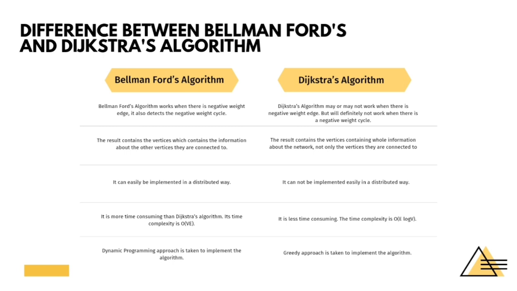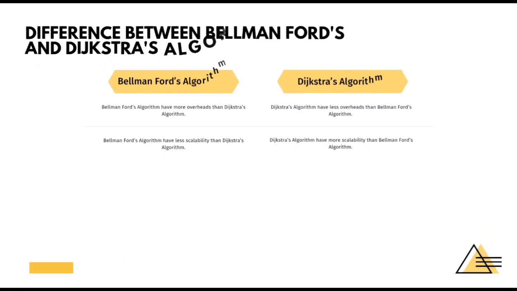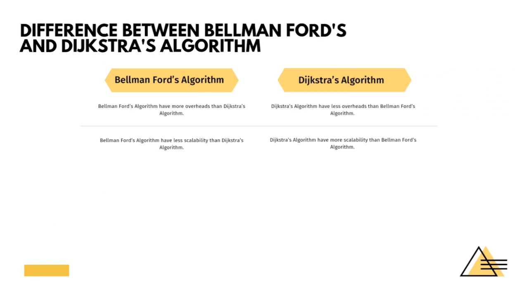Again, as we've mentioned before, Bellman-Ford's algorithm takes a dynamic programming approach, while Dijkstra's algorithm takes a greedy approach. Another difference between these two techniques: Bellman-Ford's algorithm has more overhead and less scalability than Dijkstra's algorithm, while Dijkstra's algorithm has less overhead and more scalability than Bellman-Ford's algorithm.